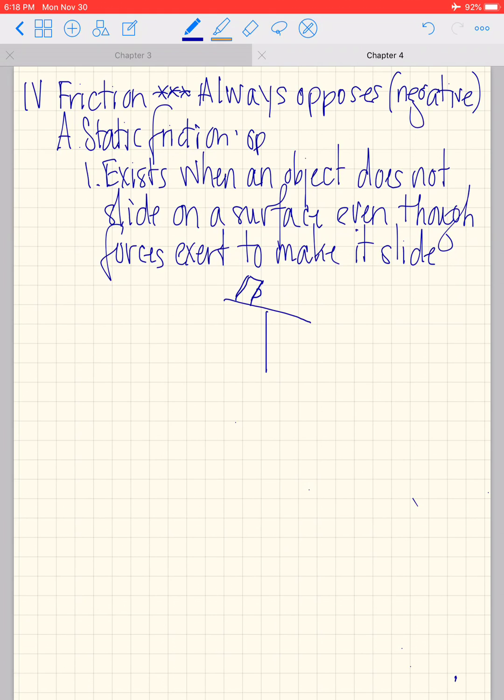I'm not sure I'm going to have enough room for this, but you do in your notes. Opposes the initiation of motion. So when something you would think normally would move, it's not going to move. I have a little drawing here.